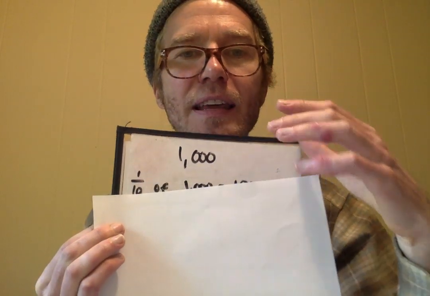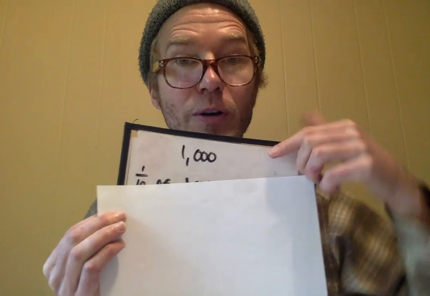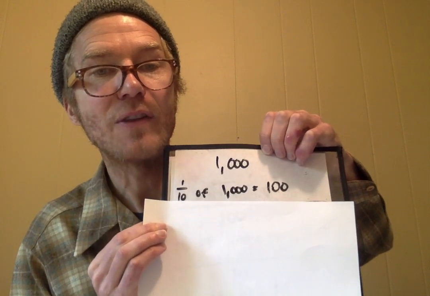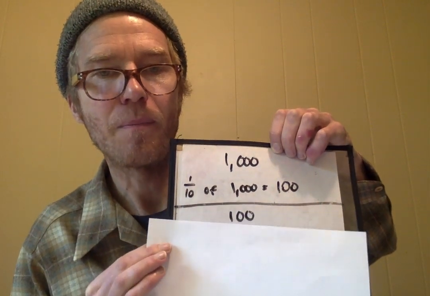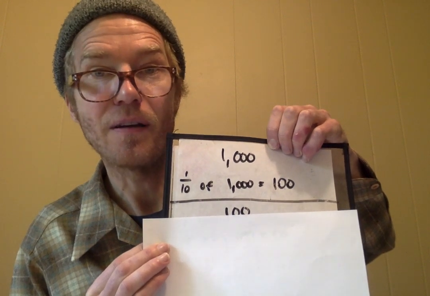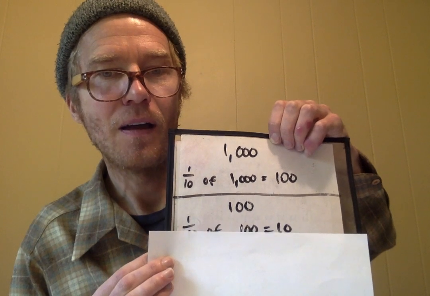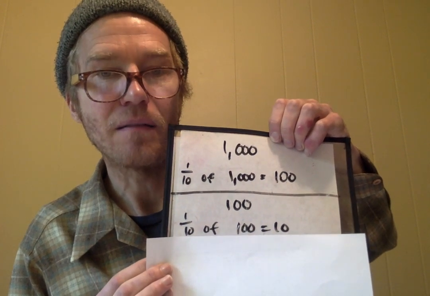So just like they get bigger and bigger and bigger, and they go times 10, when you get rid of numbers, they get smaller. So 1/10 of 1,000 is 100. So now you have 100. What's 1/10 of 100? So notice how we're getting smaller this time? 1/10 of 100 is 10.